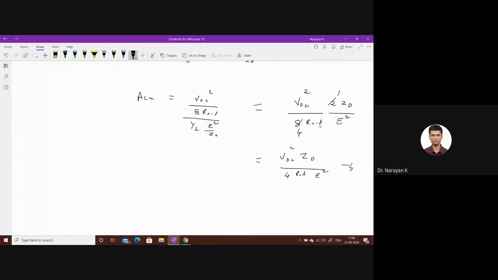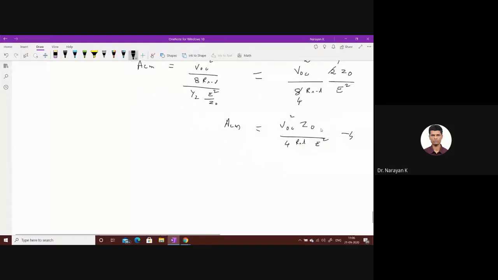This is your maximum effective aperture of the short dipole. We know that VOC is equal to E lambda by pi. So substitute VOC is equal to E lambda by pi in equation 4.